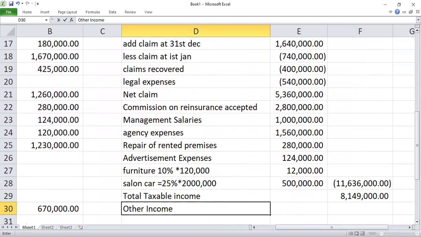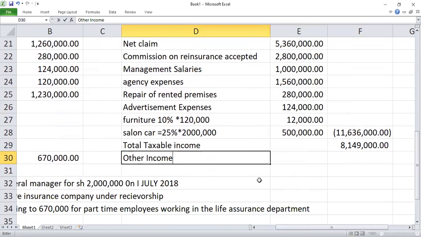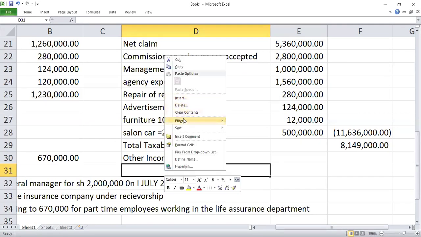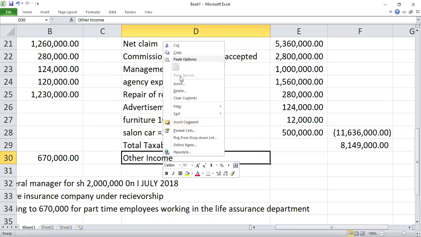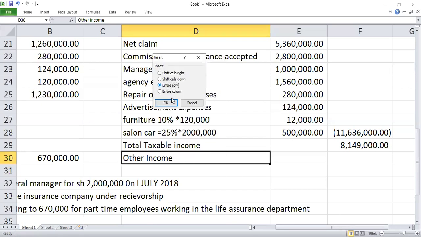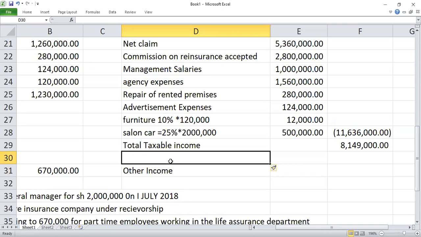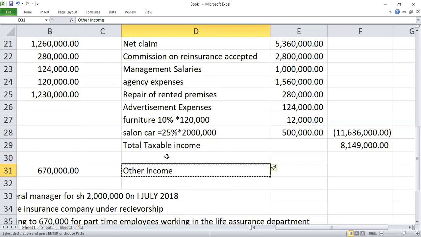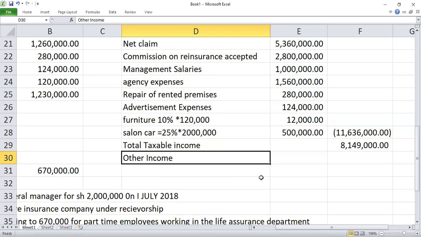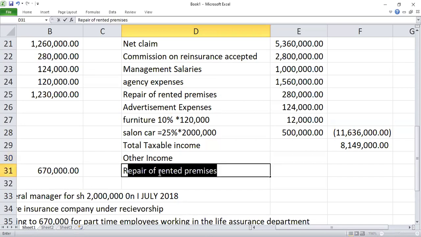But we have here rental income. If you look at the rental income, it was 1230.